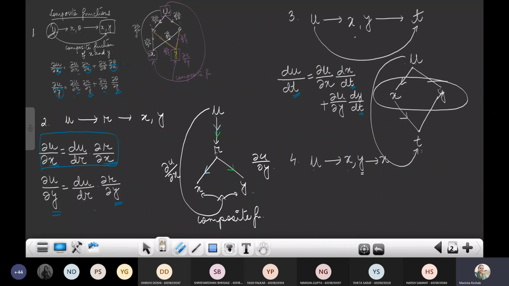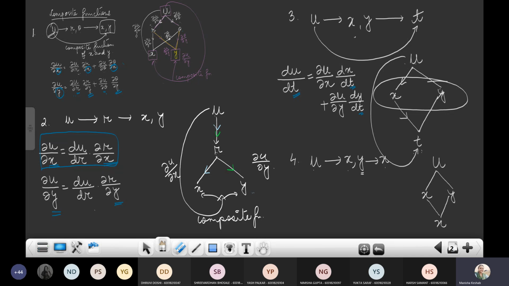Yeah. So let's suppose we have u is a function of x and y, and x and y both are functions of x. This means that y is also a function of x. So if we draw the tree diagram for this, we will get that u is a function of x and y, and this y is also a function of x.